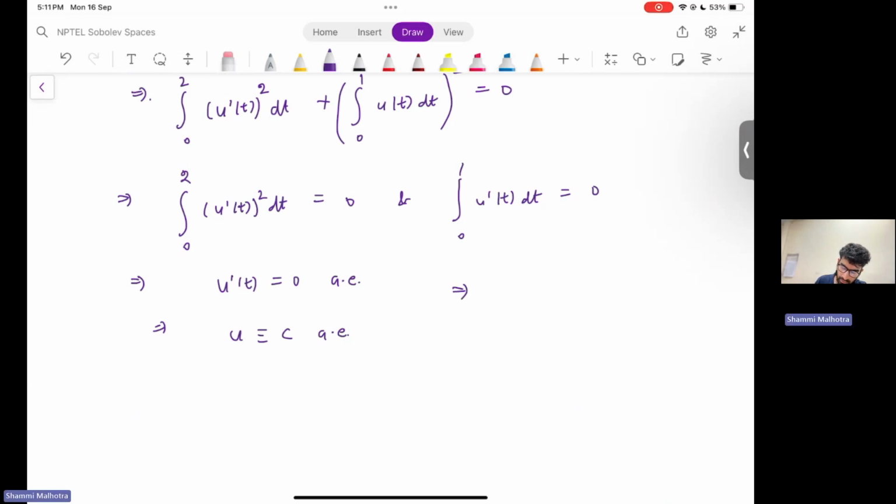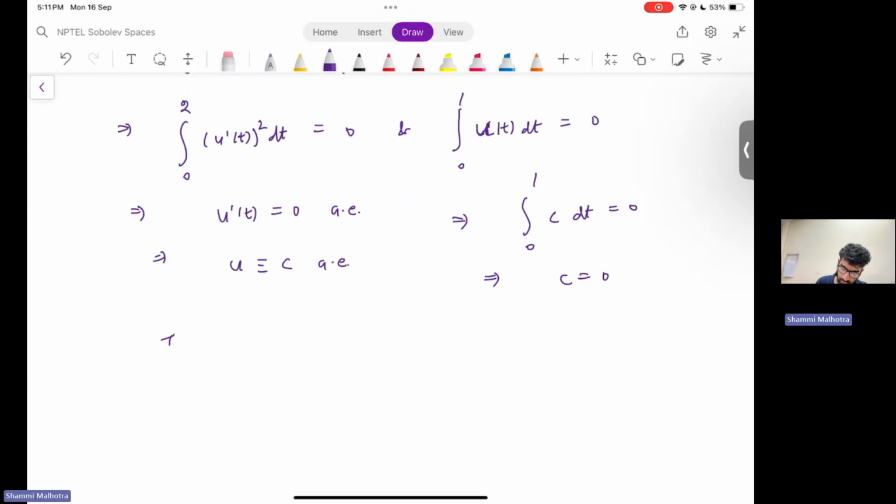But this will imply, so that this is just u only, u t, so integration of 0 to 1, c dt equal to 0. But that implies c has to be 0 only. So thus, u is identically equal to 0 almost everywhere.